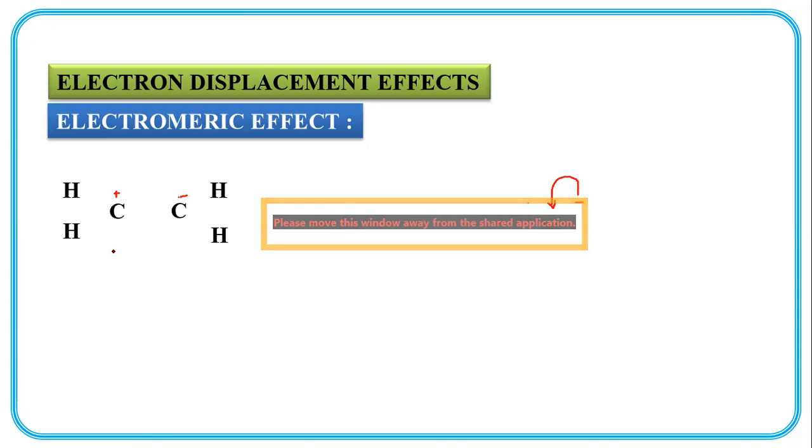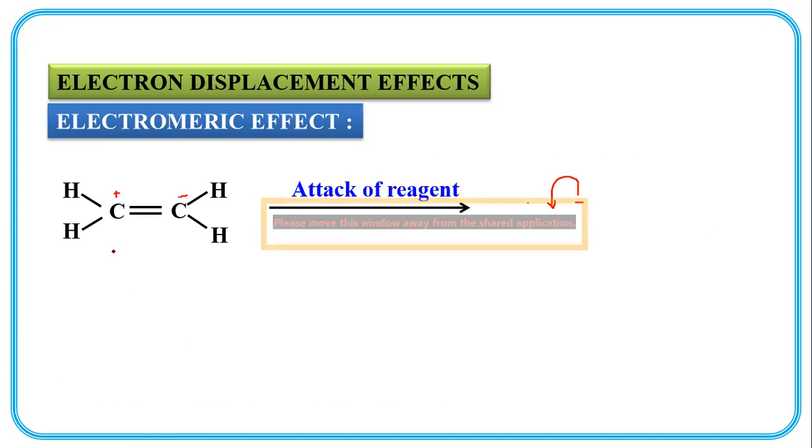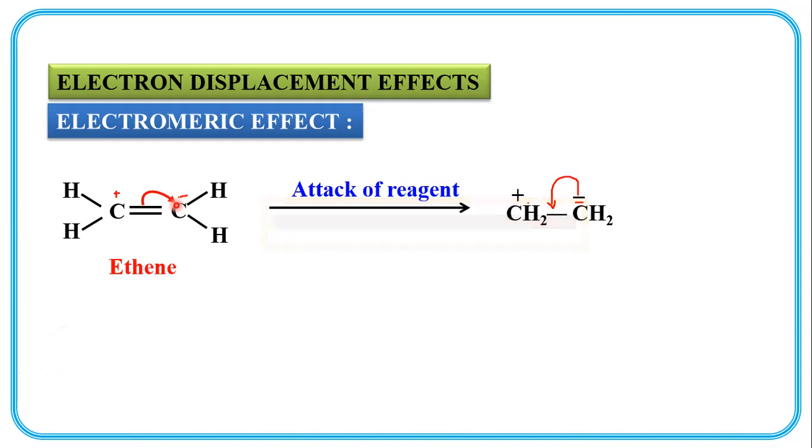See, this is the example, ethene. In the presence of an attacking reagent, the pi bonded electrons, this is the pi bond, the complete electron pair shifts, migrates to this carbon, and it gives CH2 plus and CH2 minus with a lone pair of electrons.